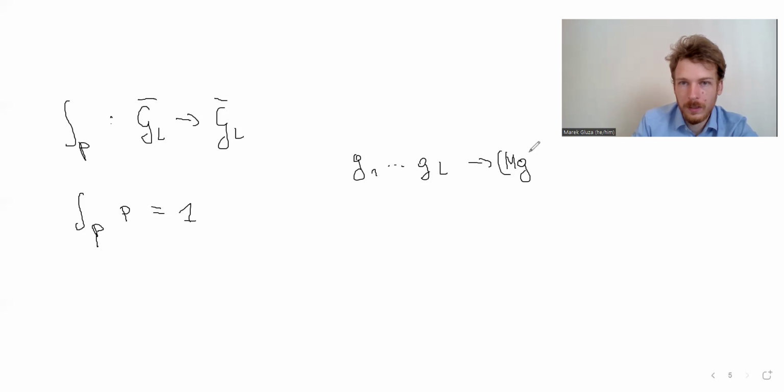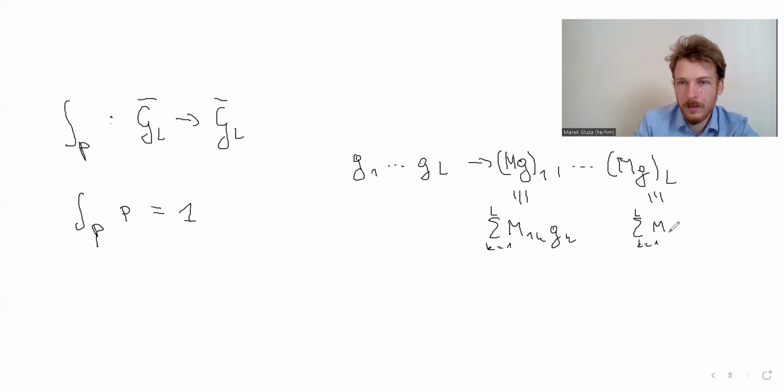So M applied to the vector of those G's, G1 until GL. So this one is, for example, the summation over K from 1 until L, M1K GK, and this one would be summation K from 1 until L, MLK GK again, right? So that's what I mean by MG.